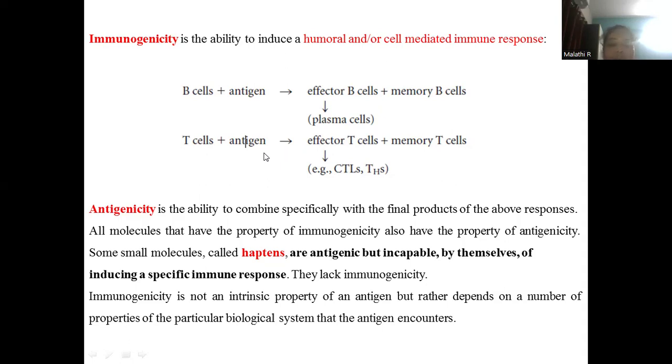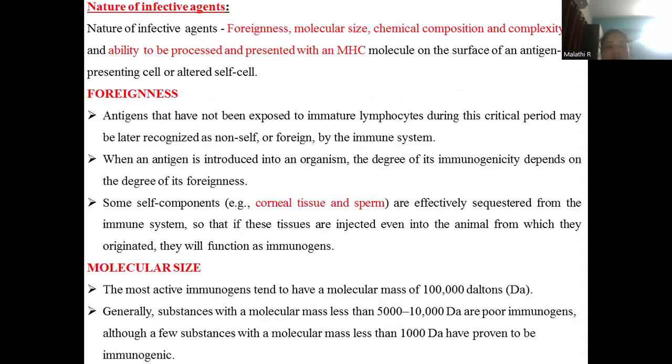All molecules that have the property of immunogenicity also have the property of antigenicity. Some small molecules called haptens are antigenic but incapable by themselves of inducing a specific immune response; they lack immunogenicity. Immunogenicity is not an intrinsic property of an antigen, but rather depends on a number of properties of the particular biological system that the antigen encounters.